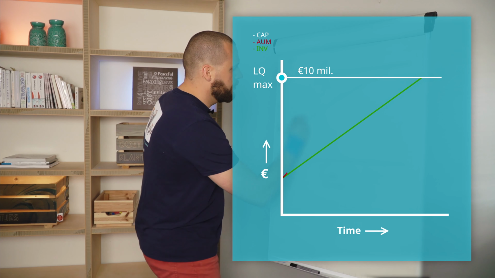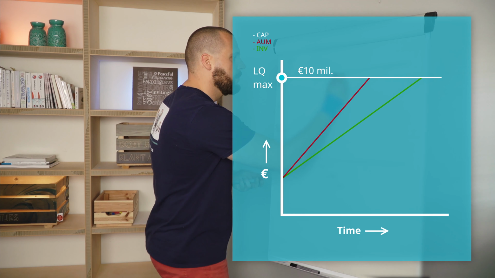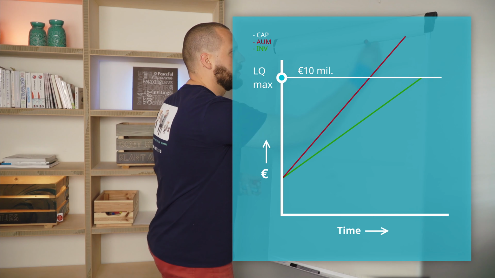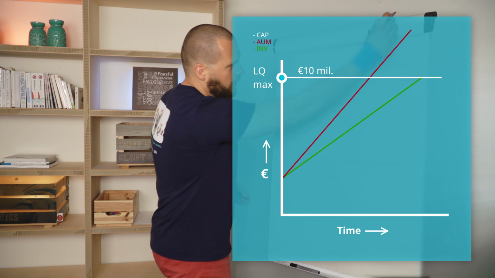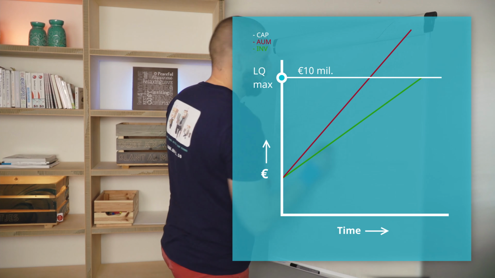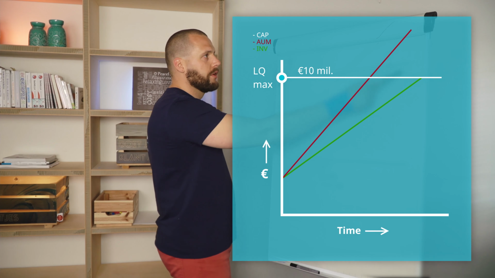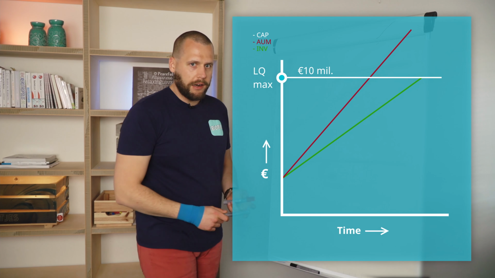And it grows not only with the new money invested, but also with the profits. And as you can see, I'm going off my paper a little bit, but you get the point. It goes all the way here, which means that by the time we're actually hitting our market cap, we already have way too much money in there.